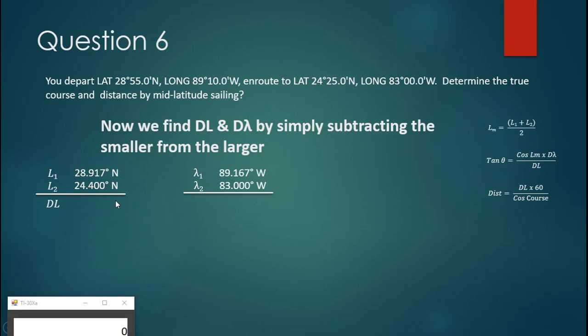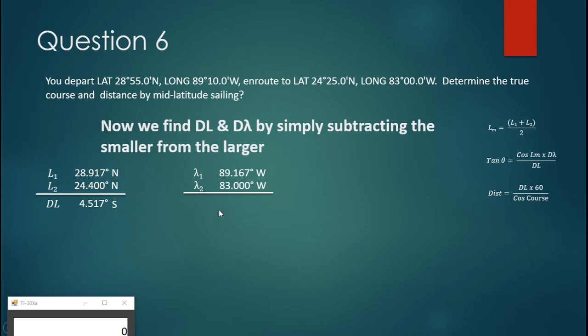So our DL is going to be south, and it's 4.517 degrees. That south is pretty important there. That's where a lot of careless errors are made right here.